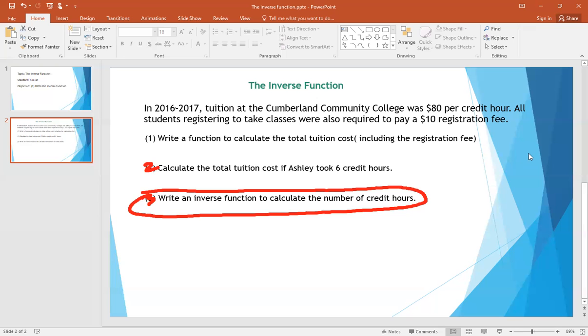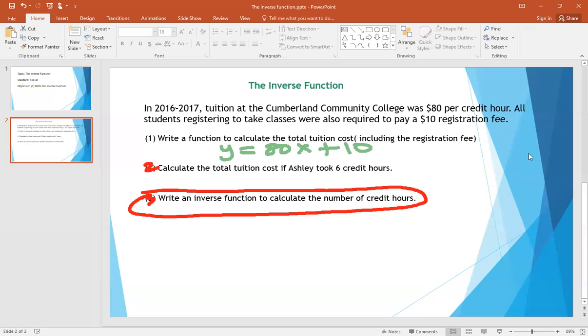So from algebra 1, we can create this linear function. So it's going to be y equals 80x plus 10.